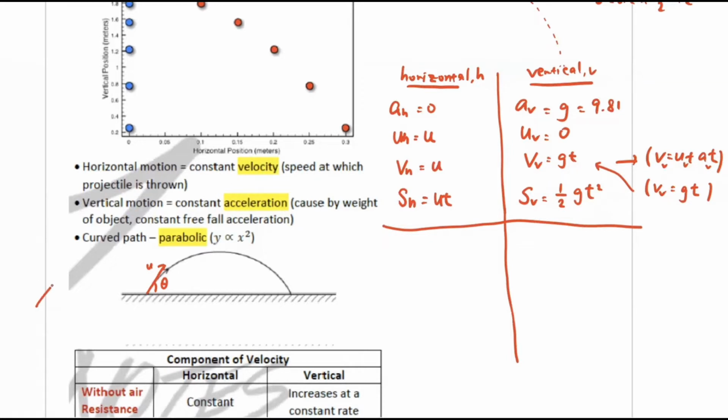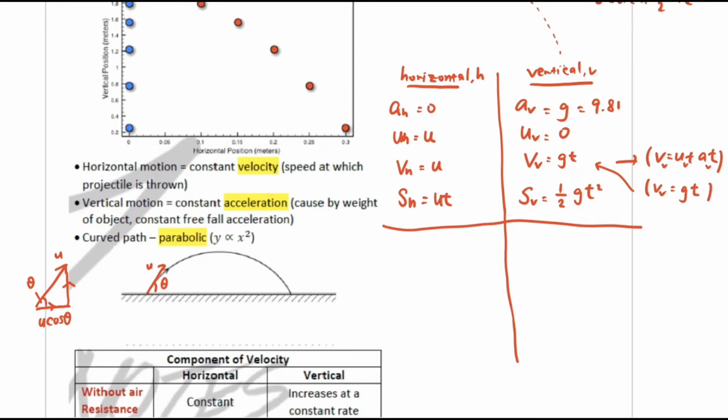We do resolution. This is the u. Then we have a right angle triangle. The horizontal is this one, the vertical is this one, and the theta is here. So we know this is the adjacent side of cos. Adjacent over hypotenuse is cos theta, so we rearrange it and this is u cos theta.